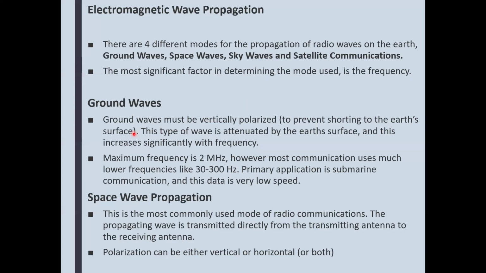If you want to shoot water from a hose from point A to point B, you point that hose to point B. You don't point the hose at the ground and hope for the best. Same with the waves. This type of wave is attenuated by the Earth's surface, and this increases significantly with frequency. So the problem significantly increases with frequency.